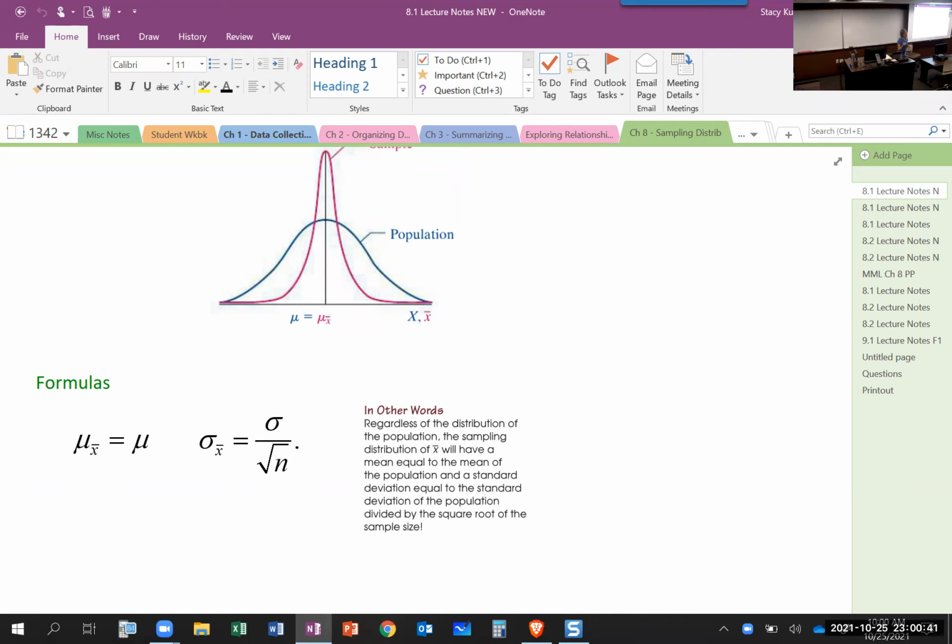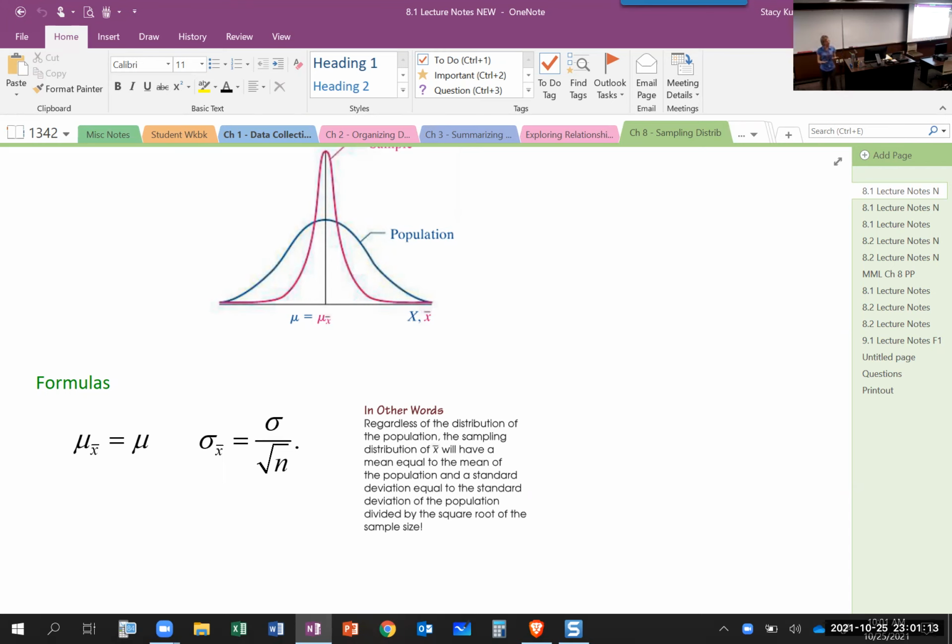We saw that the standard deviation was changing in relation to the sample size. So the formula that we're going to look at says the standard deviation sigma sub x bar, that's the standard deviation of all the sample means, is found, and we will need to use this, is found by calculating the standard deviation from our population divided by the square root of our sample size, okay?